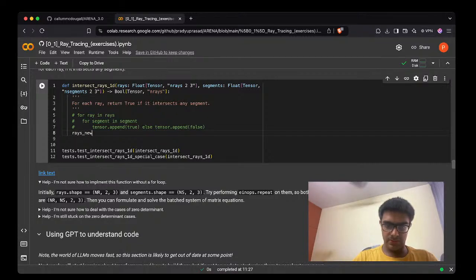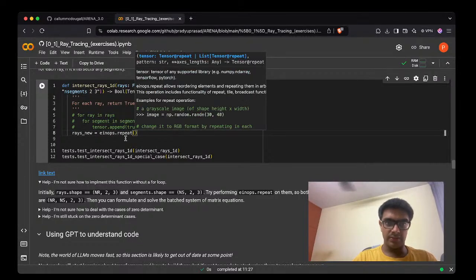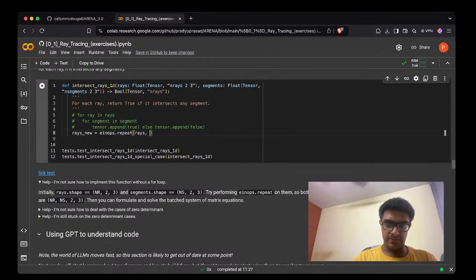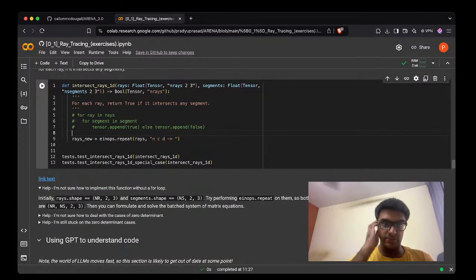rays new equals einops.repeat. How do you do this? You want to repeat rays, right? Its pattern. So rays right now is n rays, number, count, dimension. Return it. Well, we've got to do it this way. n_segments equals segments.shape[0].item.